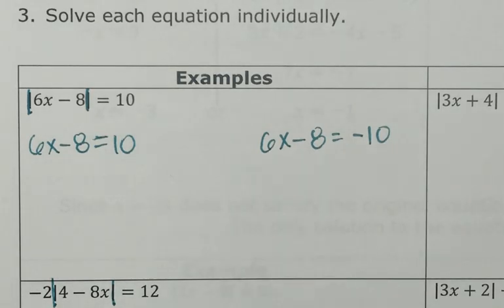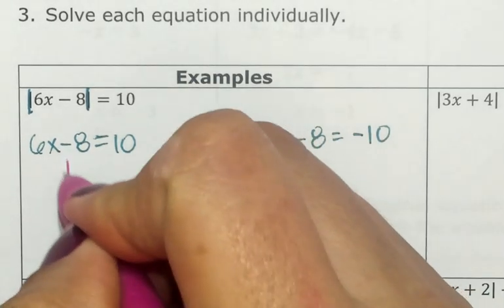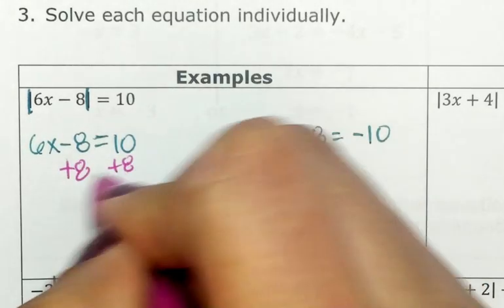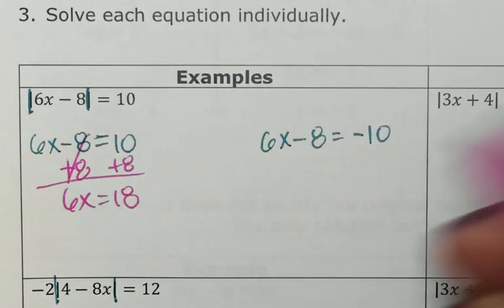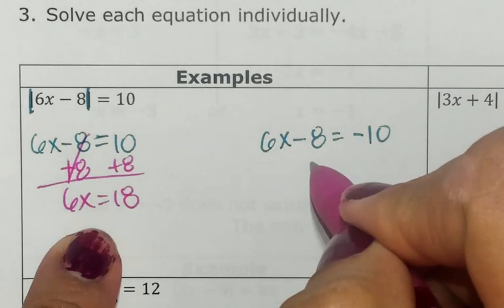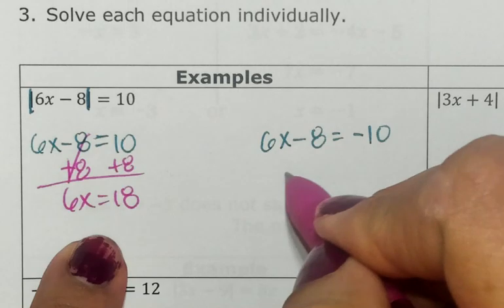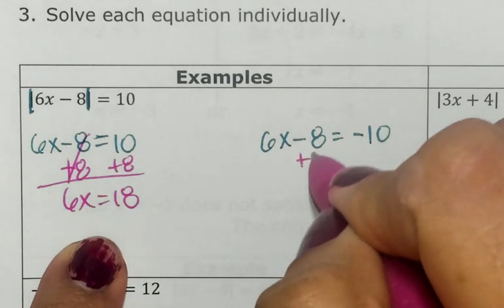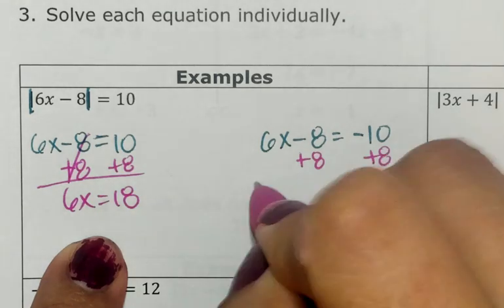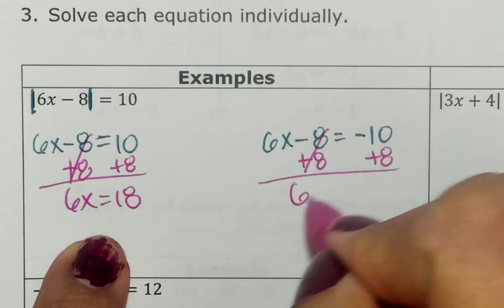All right, so to solve this, we are going to add 8 on both sides. 6x equals 18. As you solve this one, you might also want to be solving this one because they're the same steps, sort of. So you do want to add 8, but the answers you're getting are different.